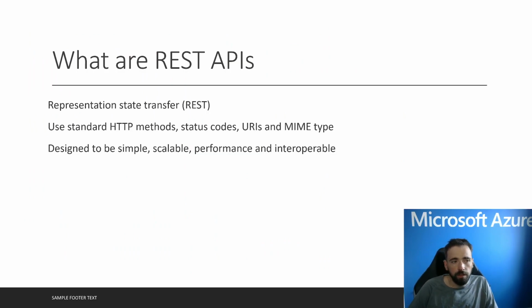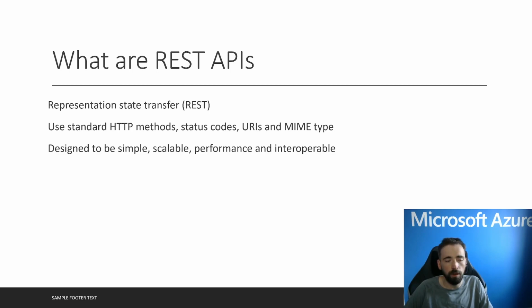So REST stands for Representational State Transfer. It uses standard HTTP status codes, URIs, and MIME types. If you're familiar with standard HTTP when used by a user via a web browser, making calls to websites uses standard methods, the same as a REST API would.